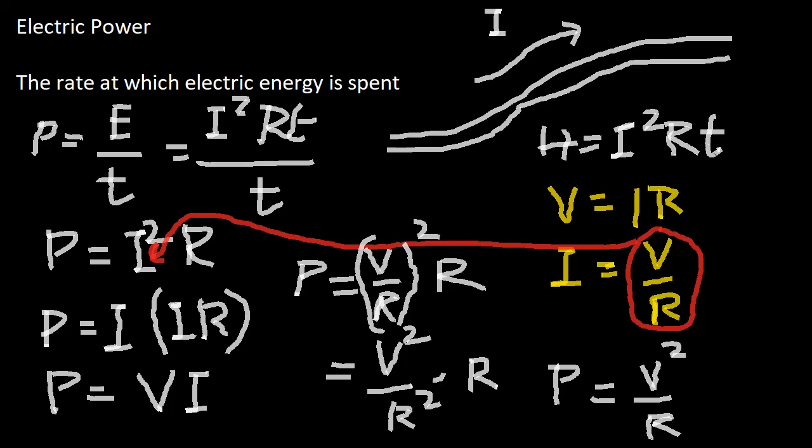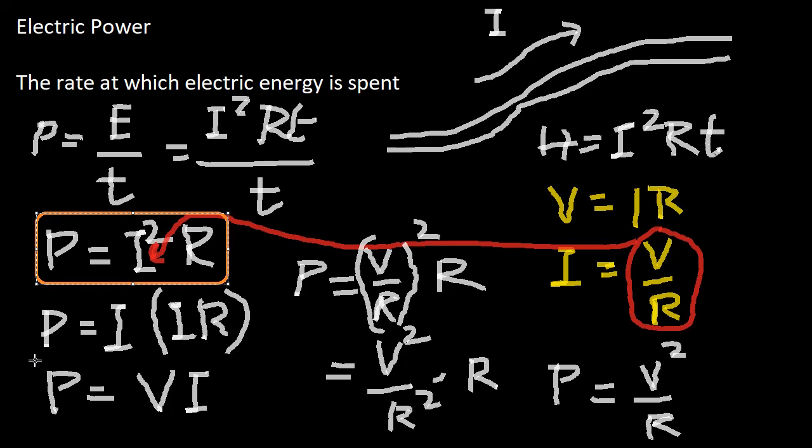So in fact we now have three good expressions for electric power. The first is the most basic expression that we have already seen, P equal to I squared R. That is the first expression that you should remember.